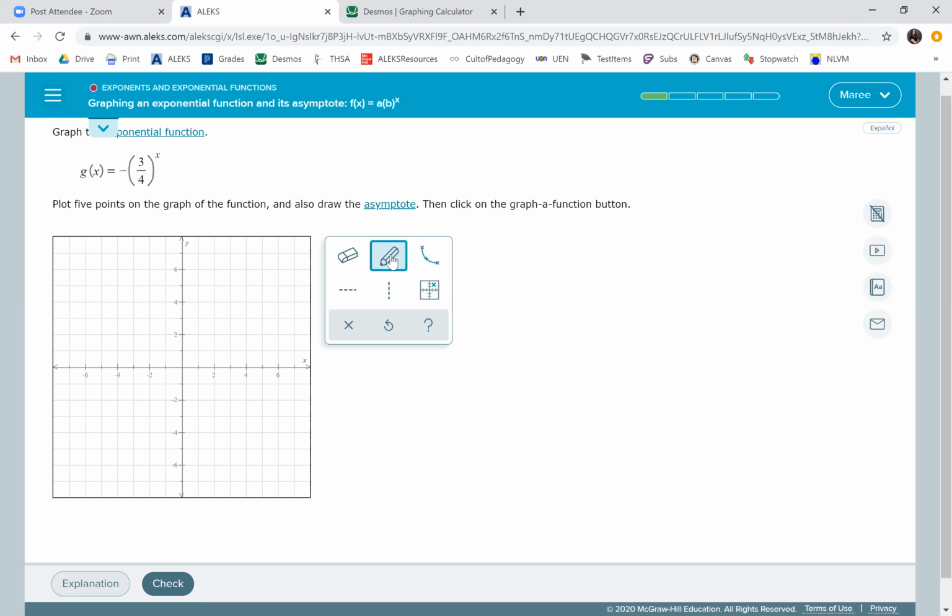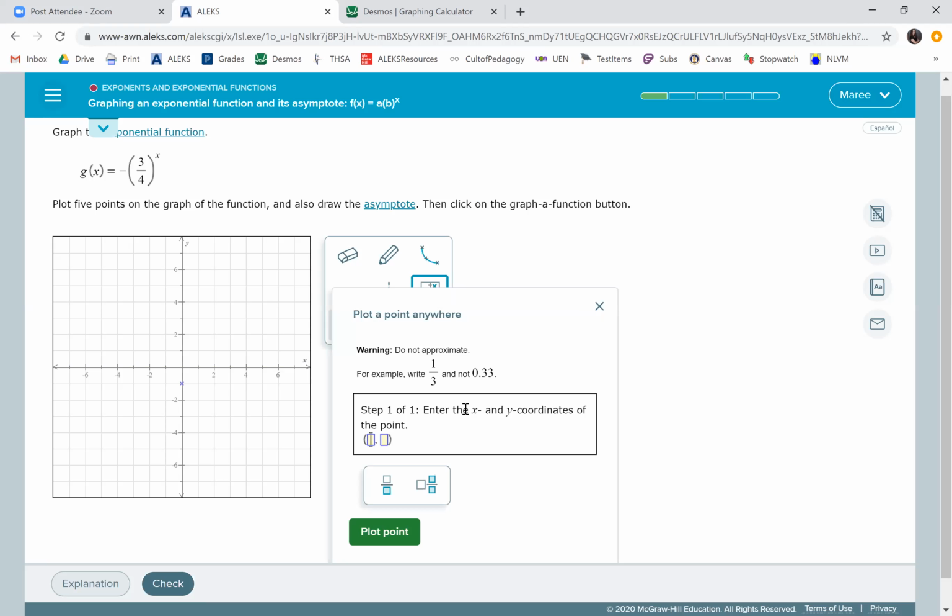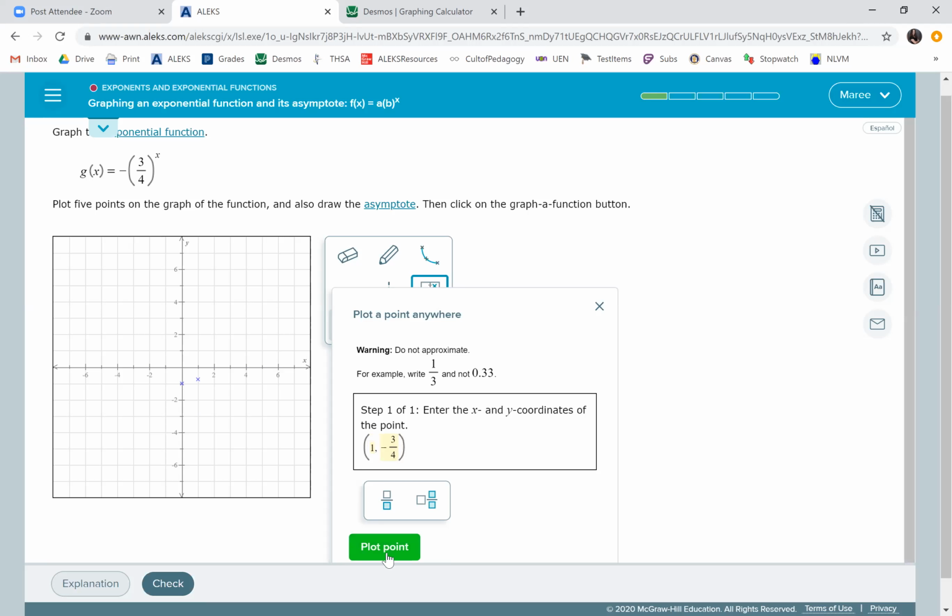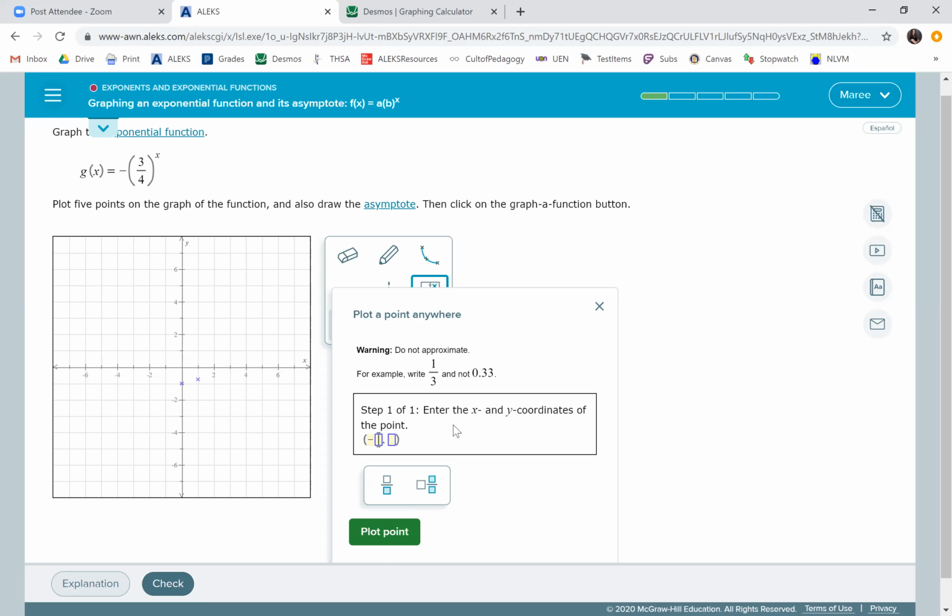Okay, so when x is 0, this fraction to the 0 will be 1, and then we'll have a -1. So at 0, -1, I'll plot that point. Then when x is 1, I'm going to have a -3/4. When x is -1, I'm going to have the reciprocal of that, so -4/3.